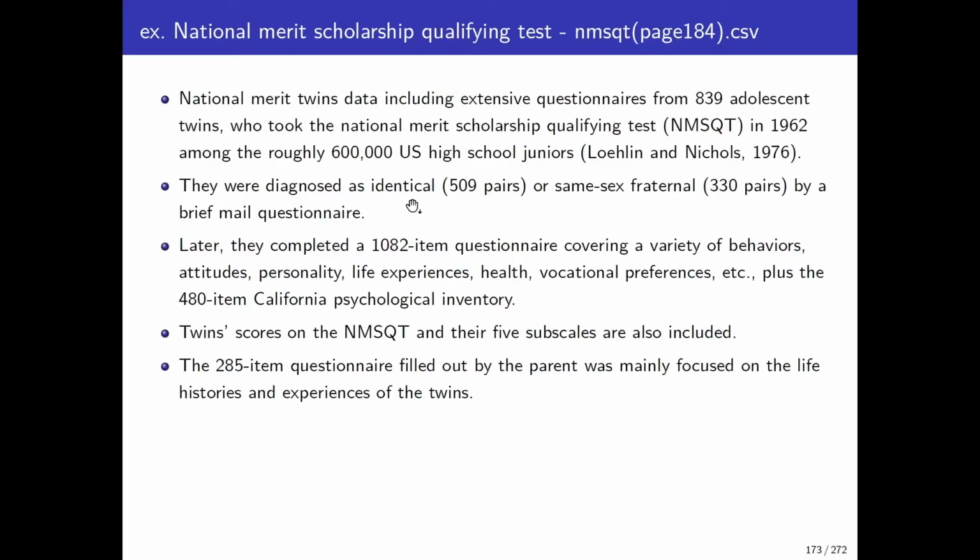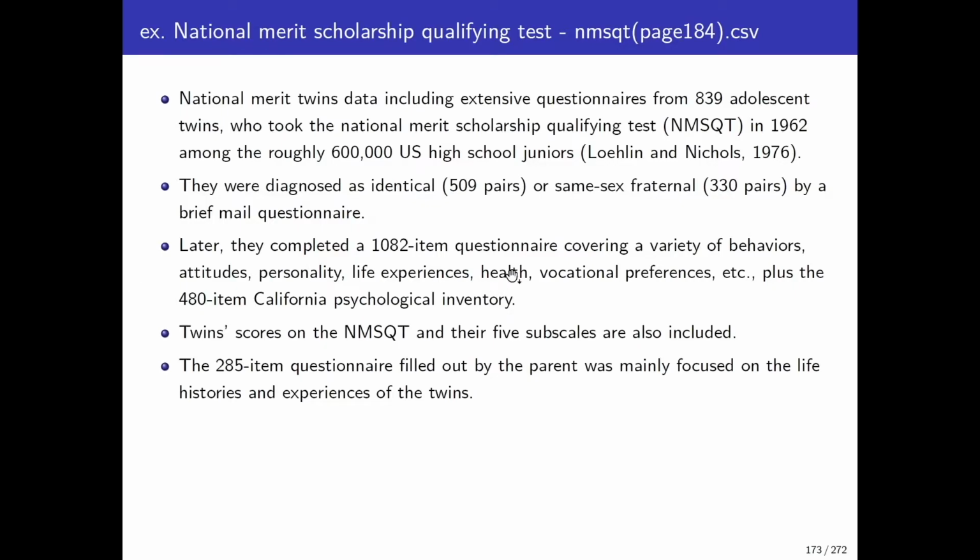The next example, National Merit Scholarship Qualifying Test, page 185. National Merit Twins data, including extensive questionnaires from 139 adult twins, who took the National Merit Scholarship Qualifying Test, or NMSQT, in 1982, among the roughly 600,000 US high school juniors.